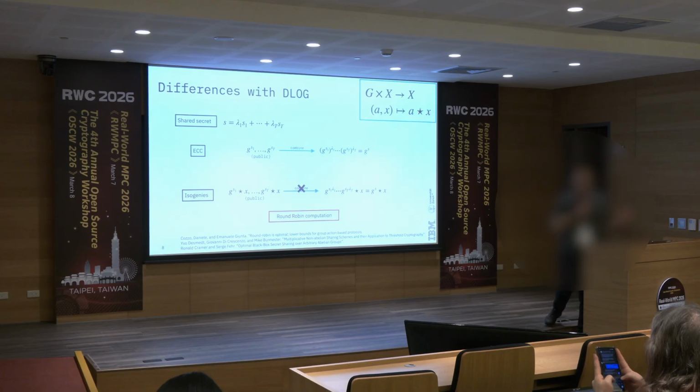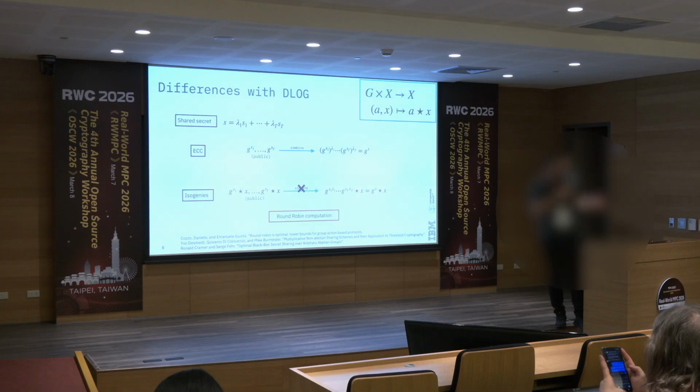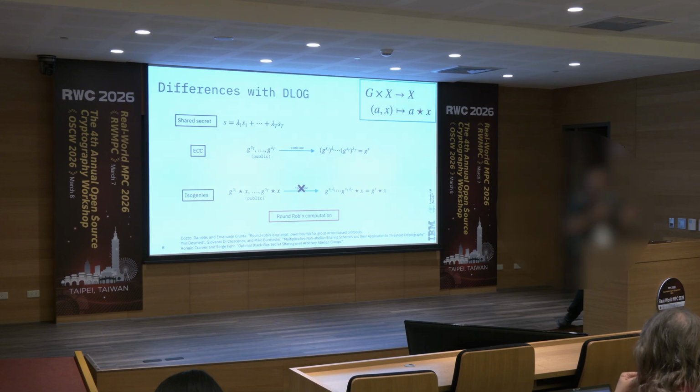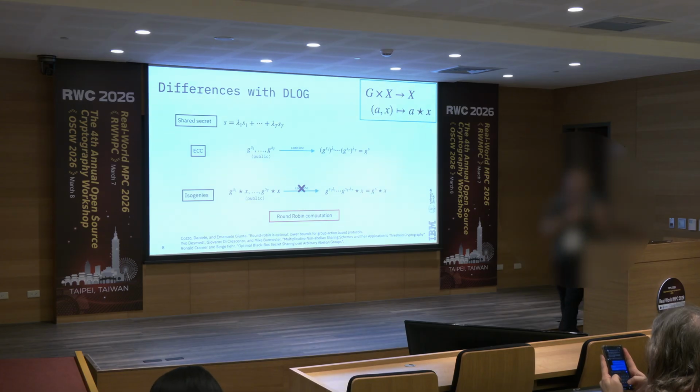The difference between classical cryptography and post-quantum cryptography is that while before, once you had some kind of shared secret between parties, they could apply the classical exponentiation operation and then publicly combine the result, this is not possible anymore in the group action scenario. This is kind of equivalent to requesting that the action is not broken by a quantum computer, so it's actually a strong requirement. And instead, you have to apply these actions sequentially.